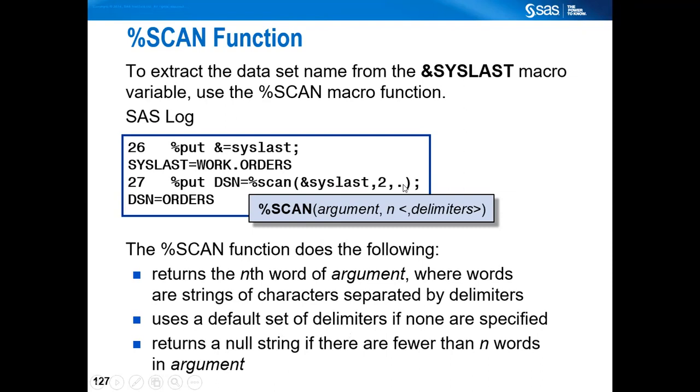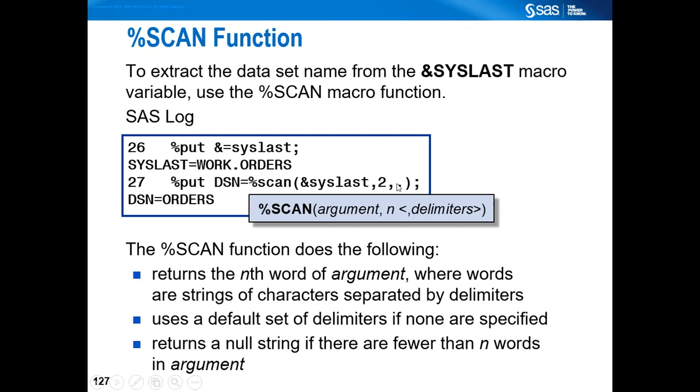See here also the delimiter period is not put in quotes. This is not required in your argument when you're providing delimiters as a special sign. It's a separator, so no need of putting in quotes. In base SAS, we use quotation marks for delimiters, correct? But here there is no need of quotation marks.